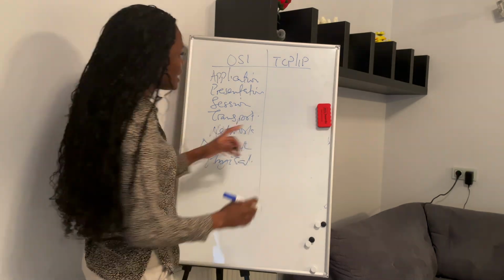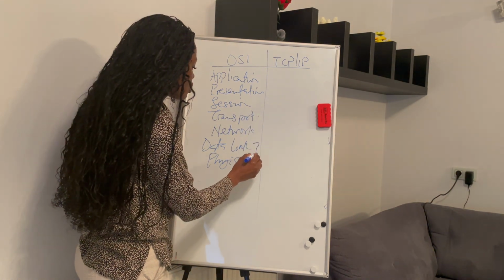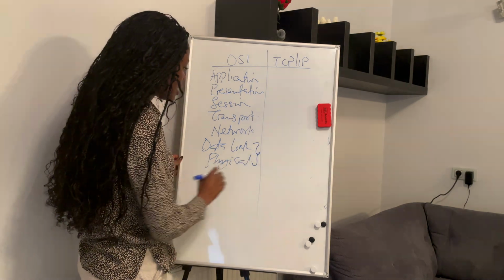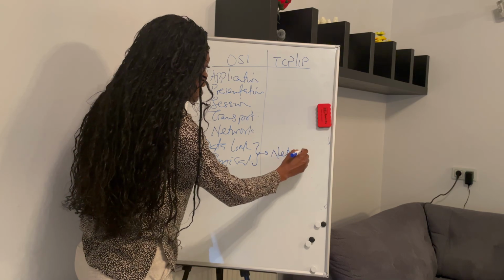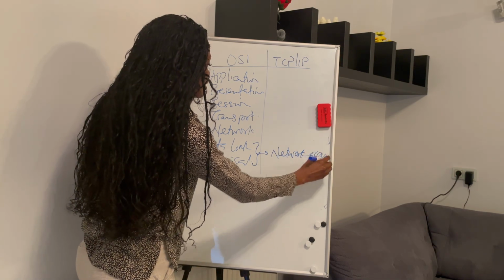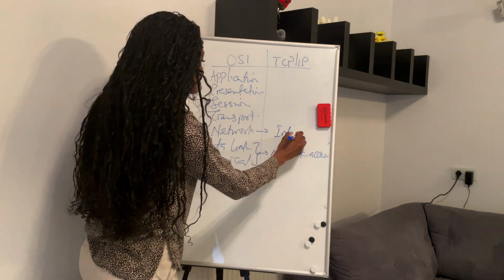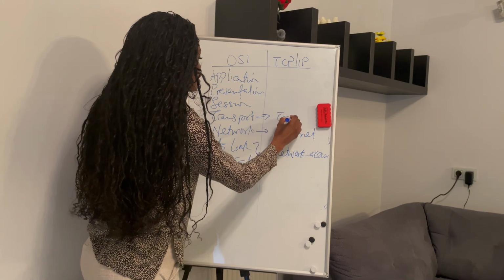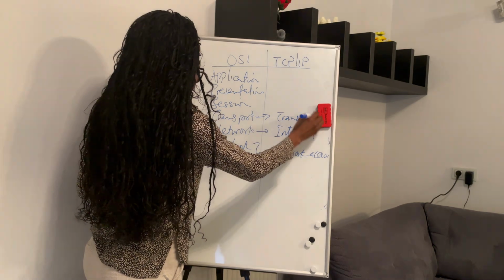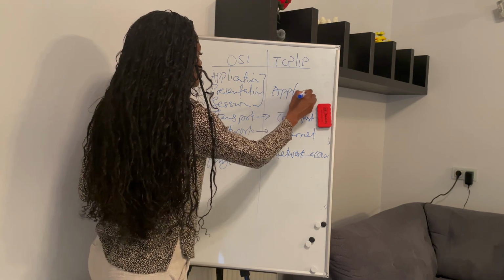So in the case of TCP/IP, it actually combines both of these and calls it network access or network, and then calls this one internet. It leaves the transport as transport and combines all these three and calls them application.